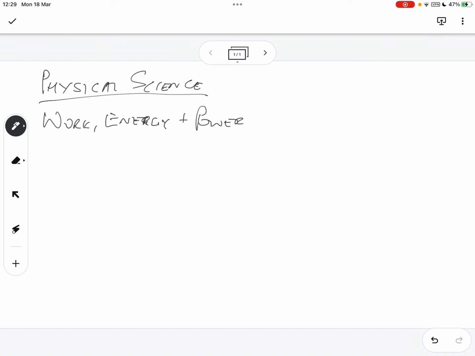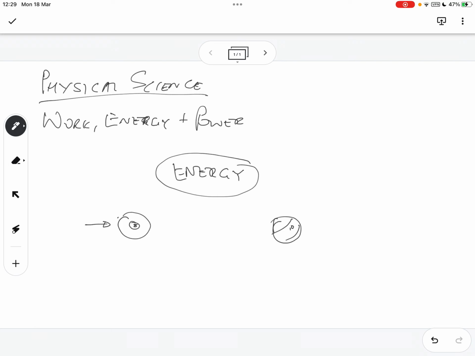So, transferring energy from one object to the other. There's a billiard ball traveling at a certain speed, and it's going to hit another ball that's sitting there.